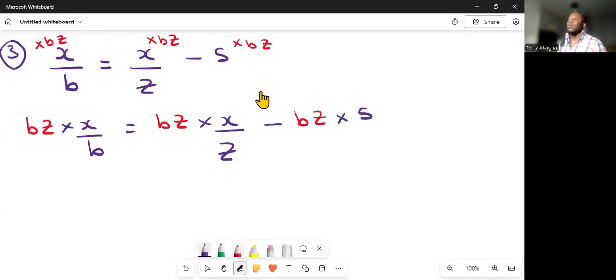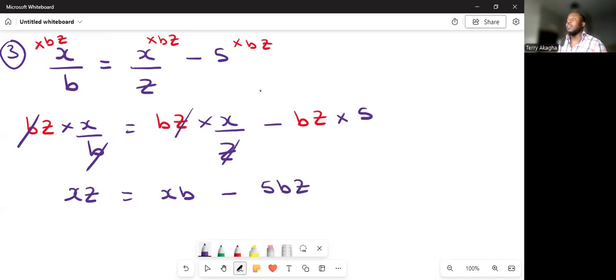Okay, so we're going to cancel out. The b will cancel out here, the z will cancel out this. So you're going to have xz will be equal to xb minus 5bz. All right, so we need to take xb from this side. So we're going to subtract xb from both sides.